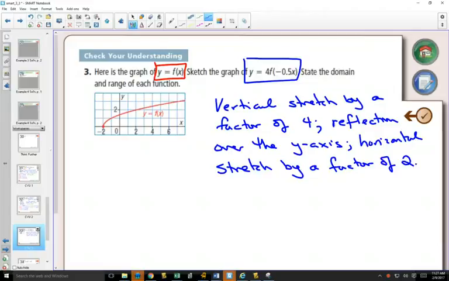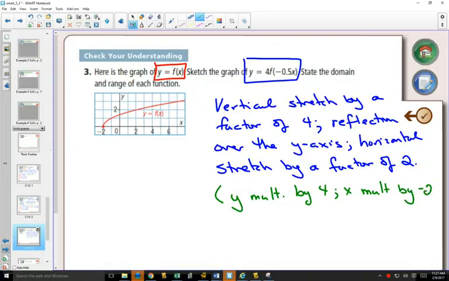Now that's writing it out in words. As far as the shortcut, what are we going to do? We're going to take our y coordinates and multiply them by 4, and our x coordinates and multiply them by negative 2.